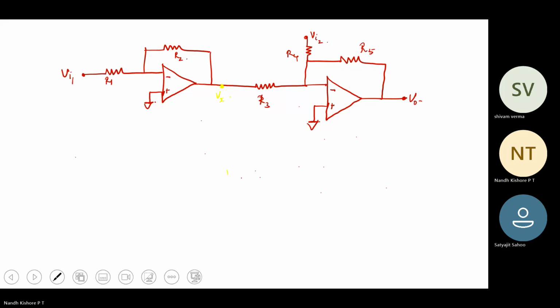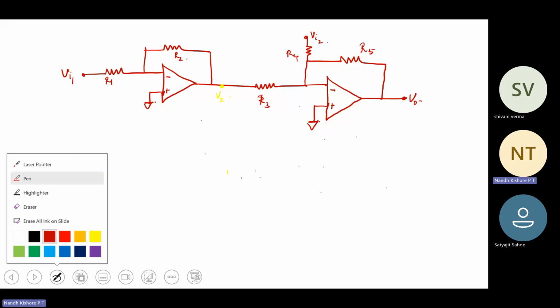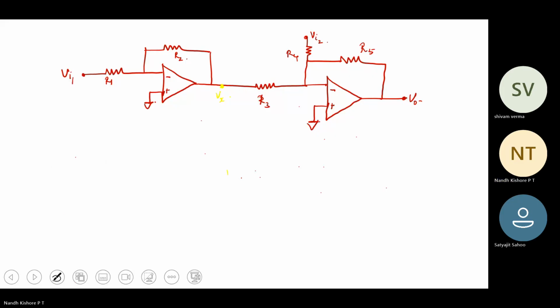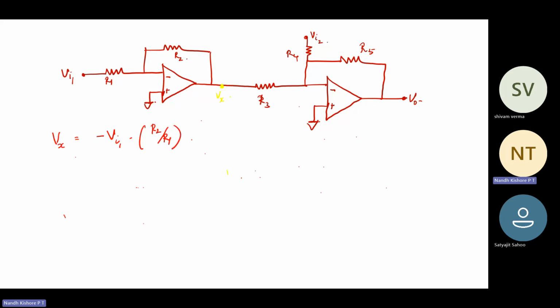So what is Vx? The first part is basically an inverting amplifier. In an inverting amplifier, you know the output voltage is going to be minus Vi1 into R2 by R1.